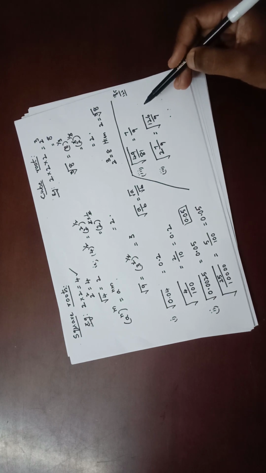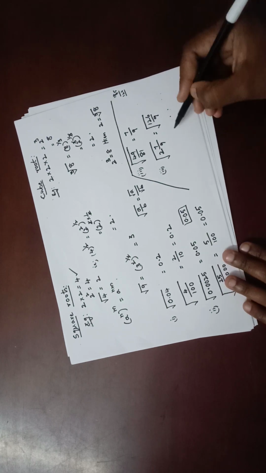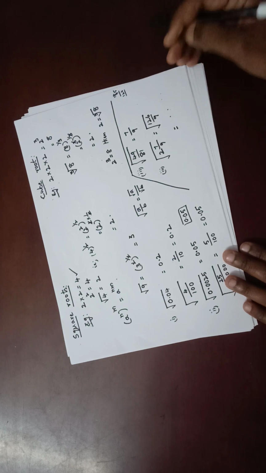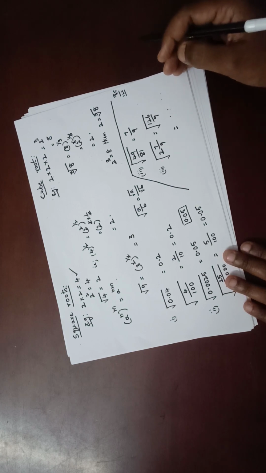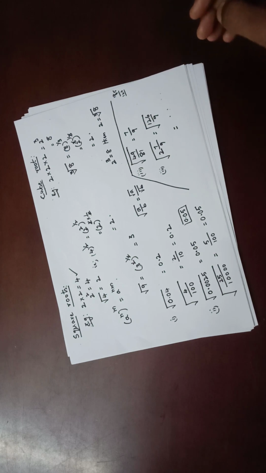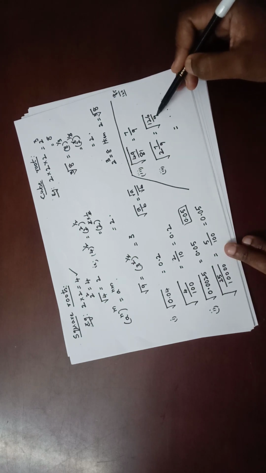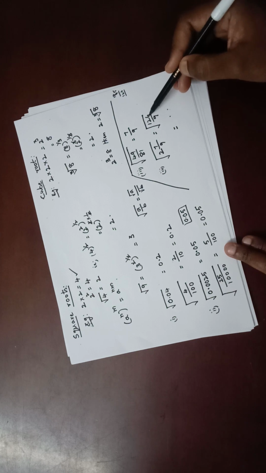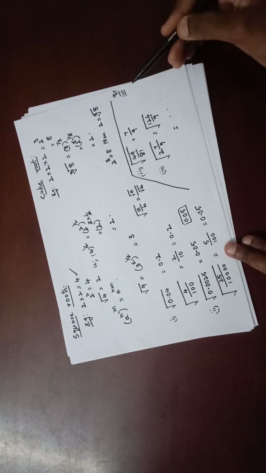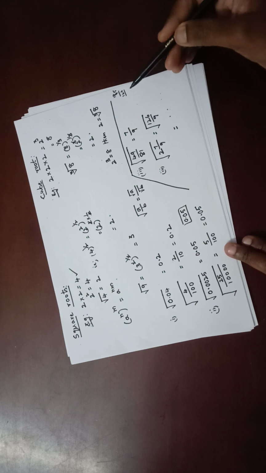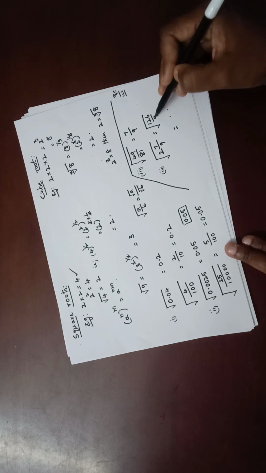Now what to do? 3 3s are 9, for 126, 11 11s are 121. So first we'll see whether any cancellations are there.